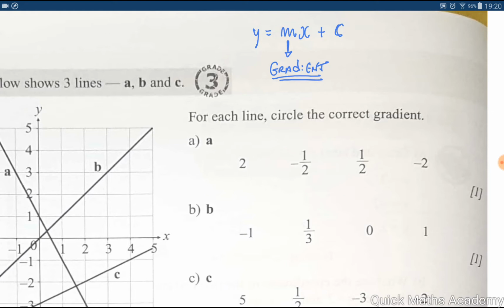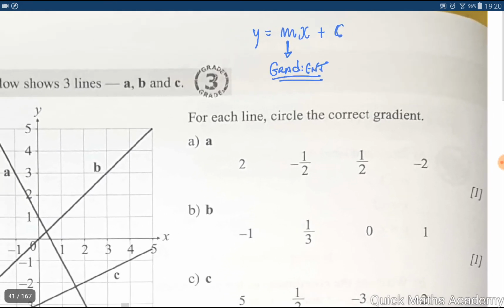And to calculate this gradient, what I do is I grab 2 points. Let's say that I grab an initial point x0, y0, and another point x, y.